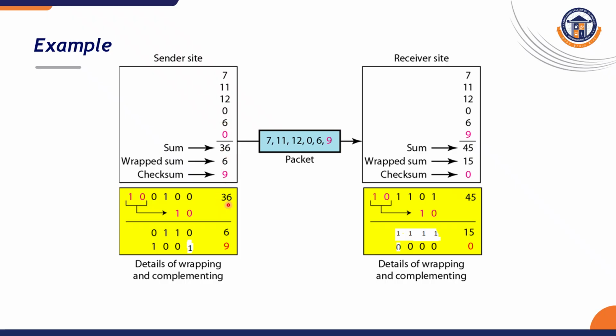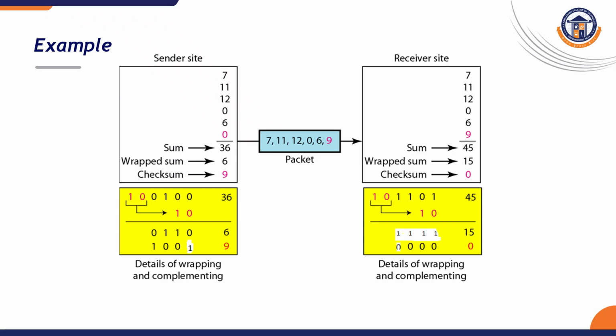Since these are all 4-bit numbers, we need to convert the binary word of 36 to a 4-bit number, so the leftmost bits 10 will be wrapped around with the least significant bit, and we perform the addition operation. We will be getting 6.